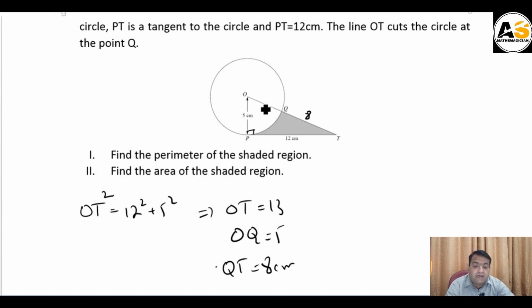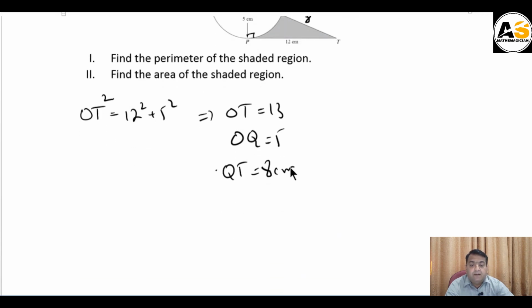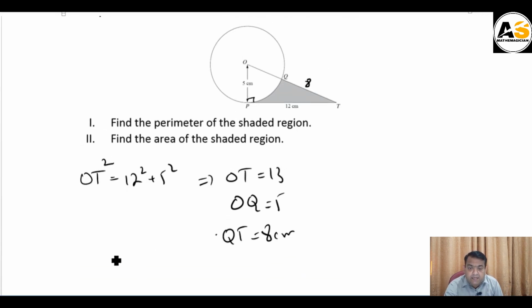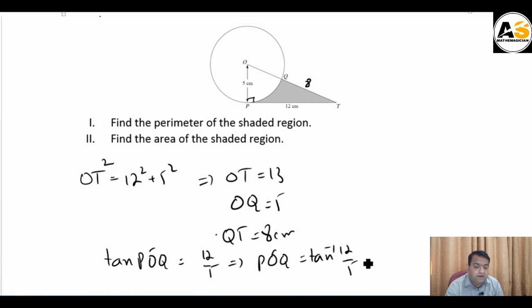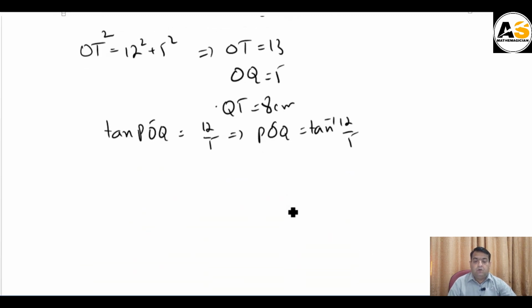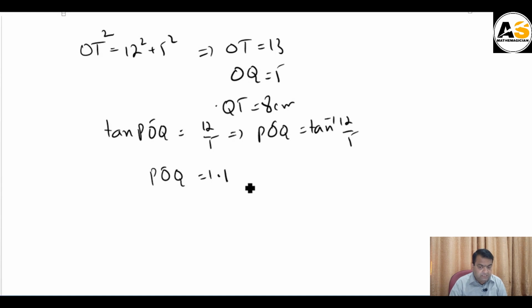And for arc length, I need to calculate this angle theta. Look at the figure. What is value of tangent POQ? 12 over 5, which implies POQ angle is equal to tangent inverse 12 over 5. And if you calculate this, this angle will be 1.176 radian.